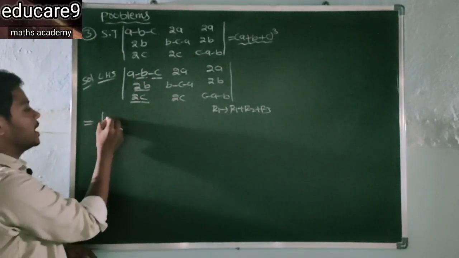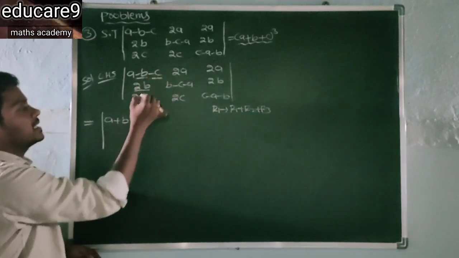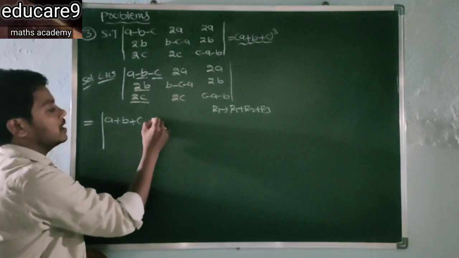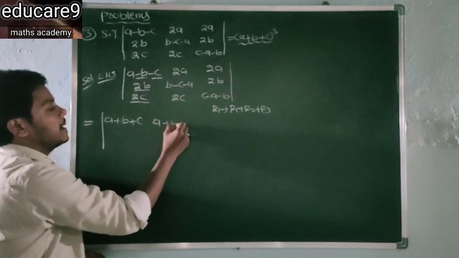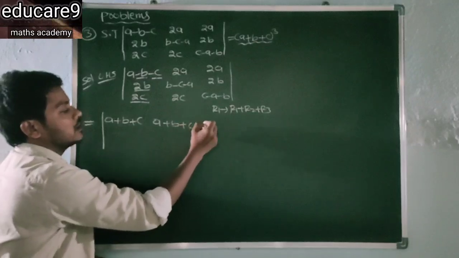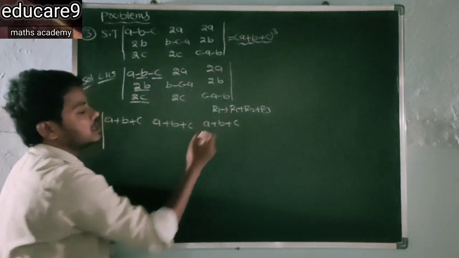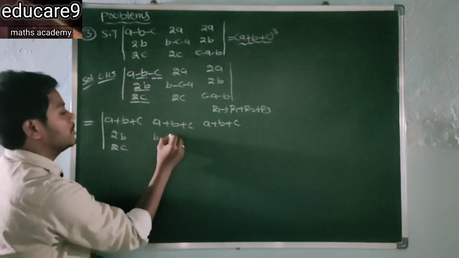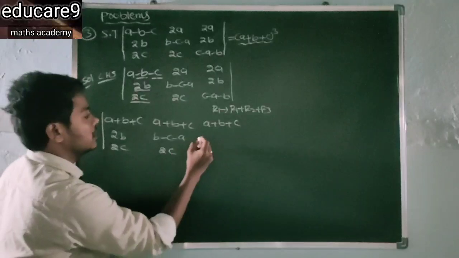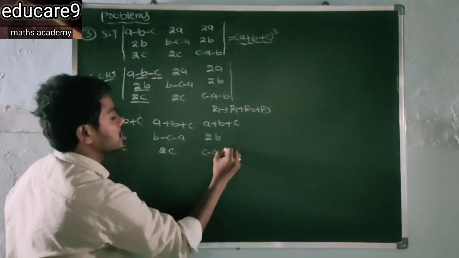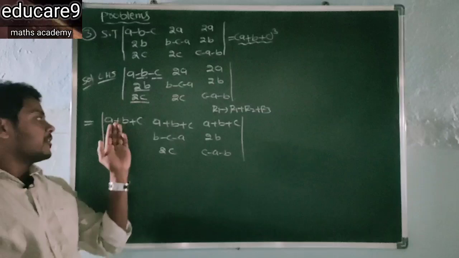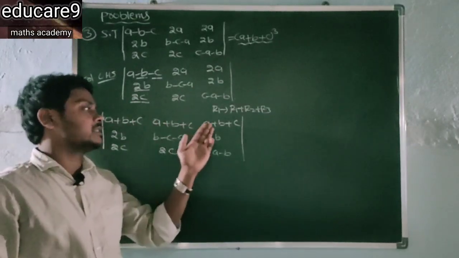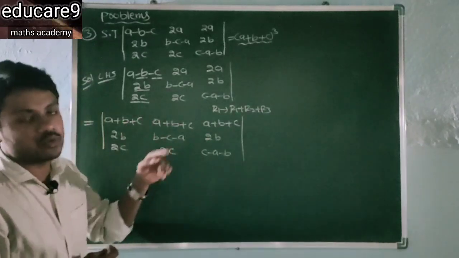Minus B plus 2B plus B, that is A plus B, minus C plus 2C plus C. And here 2A minus A plus B minus C plus 2C plus C. So here also we will get A plus B plus C. The remaining are the same: 2B, 2C, B minus C minus A, 2C, 2B, C minus A minus B. So clearly in the first row all are A plus B plus C. Therefore A plus B plus C is common from the first row.